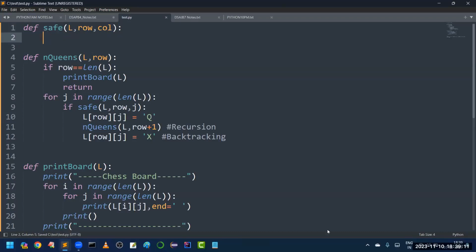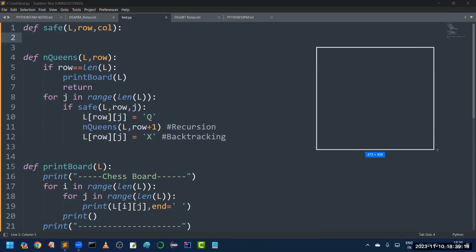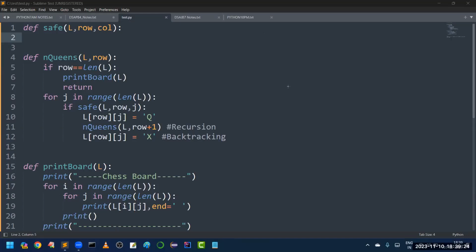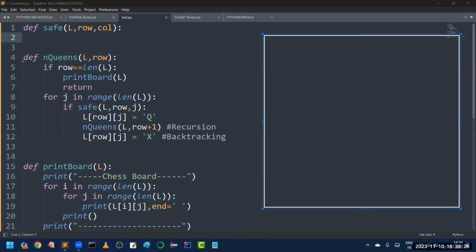To understand in a practical manner, I am going to take one example. Consider a 4 by 4 chessboard, something like this. Or else, for easy understanding, I am taking 8 by 8.